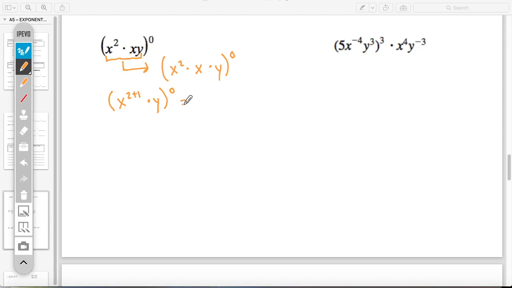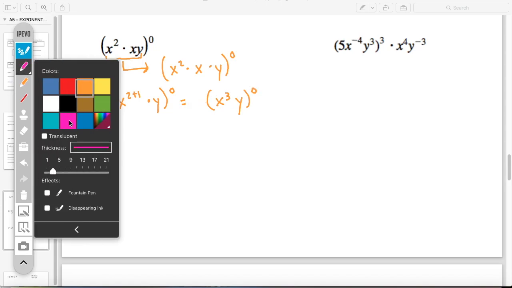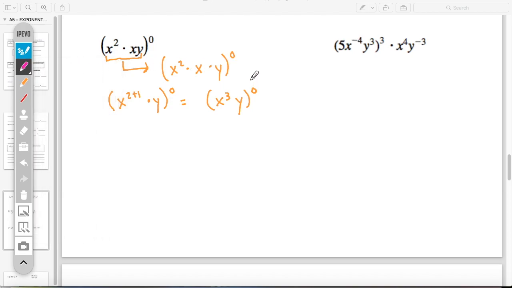So this equals x cubed times y to the 0th power. At this point I need to distribute the 0 through, so it's going to hit both expressions.